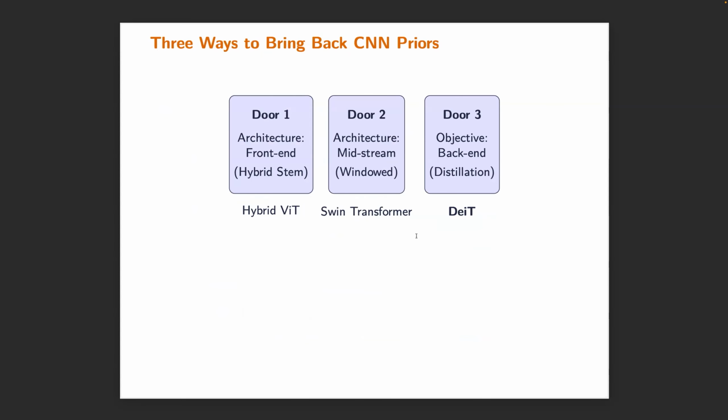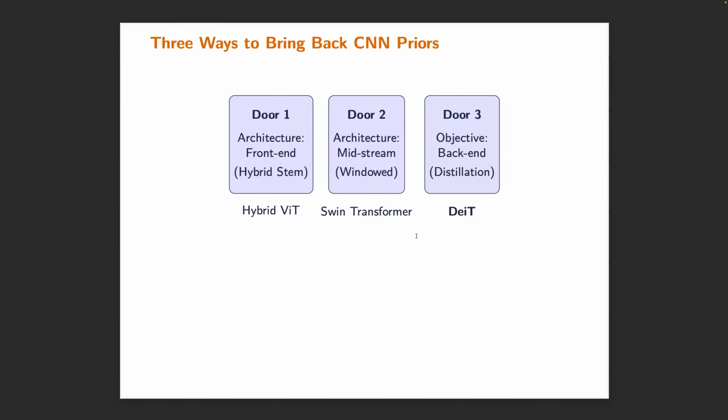The first one is that we look at the front end feeding the transformer, where we do some pre-processing of the data using CNN stems and then feed the features learned by the CNN to the transformer.